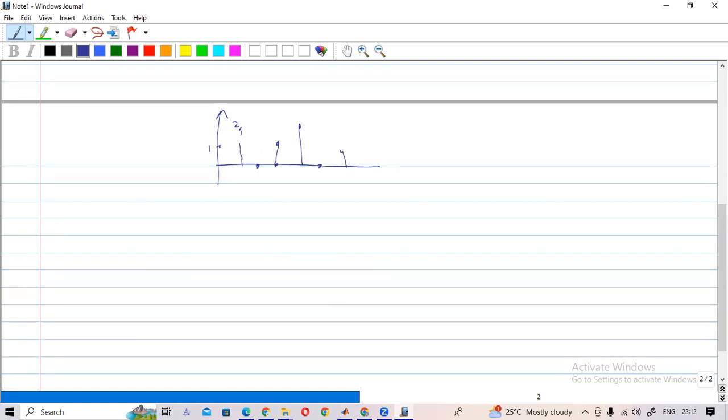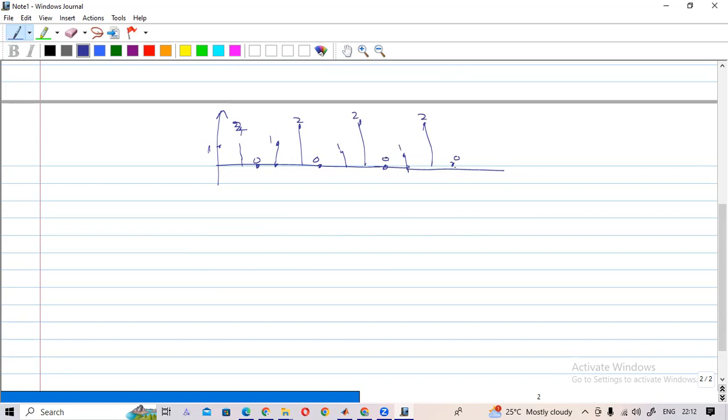Again here 1, 2, 0. Likewise, again 1, 2, 0. This is a discrete time signal. So this is 1, 2, 0. This will be 1, 2, 0. Likewise, 1, 2, 0, 1, 2, 0.